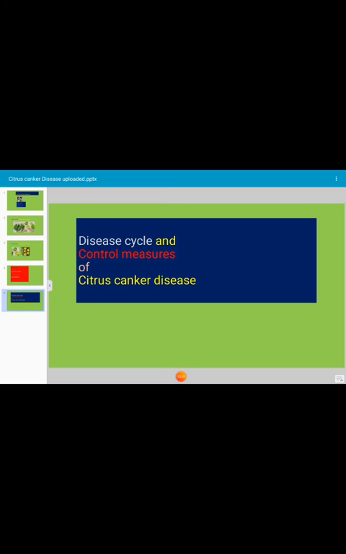And we have to use disease-free nursery stock for sowing purposes. Every time we have to collect all the defoliated leaves, the leaves which fell off on the ground because of infection, and remove them from the field. We have to keep the field always clean.